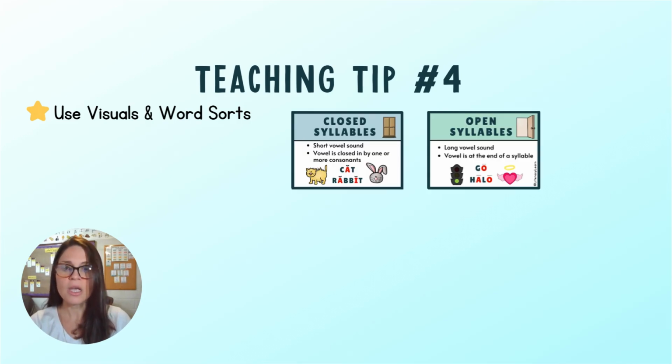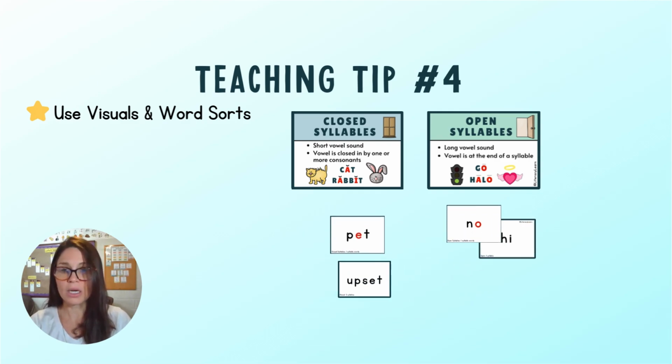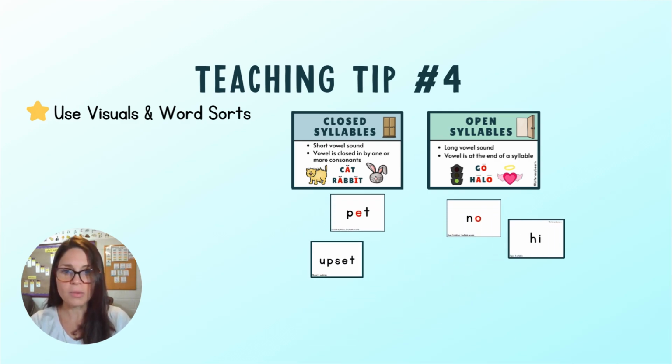You can use headers, you can use a closed sort or an open sort, but kids are going to sort here according to closed syllables and open syllables. So they're looking for the vowels within those syllables and seeing, is there anything closing it in? If not, then it's an open syllable. They can read it, "no" or "hi". And if there is something closing it in, they can read it, applying the knowledge that a closed syllable is going to have a short vowel sound, and they can read those words accurately as well.